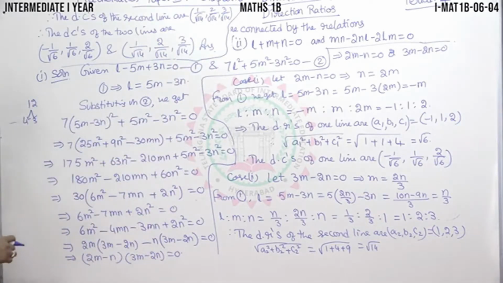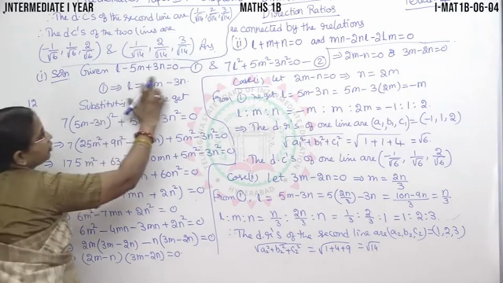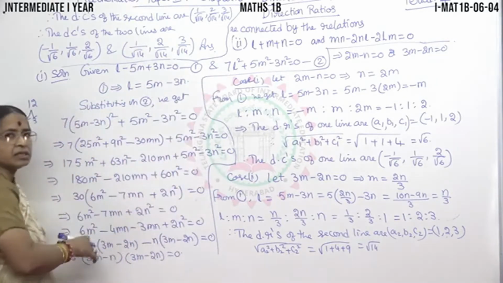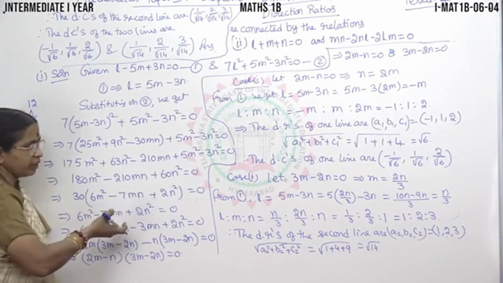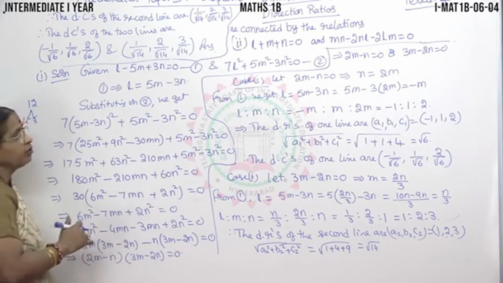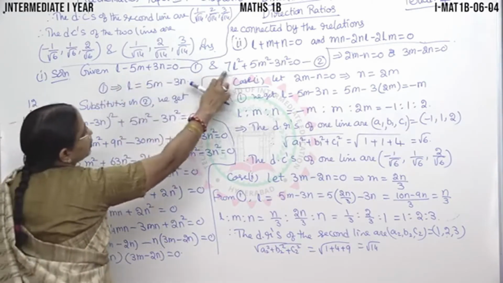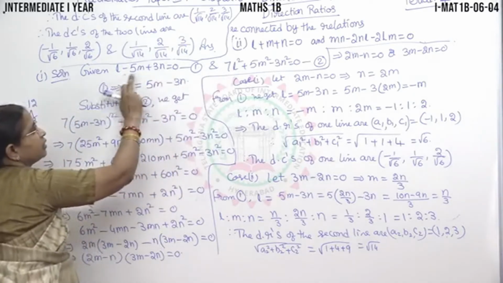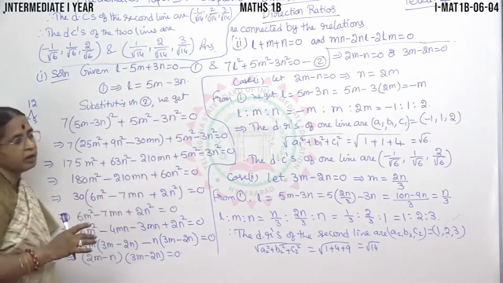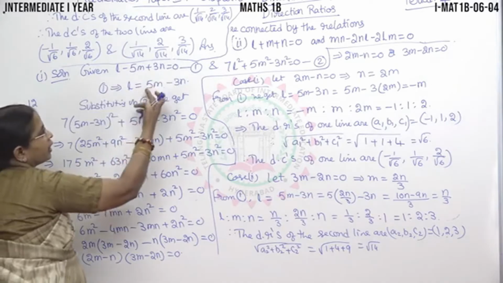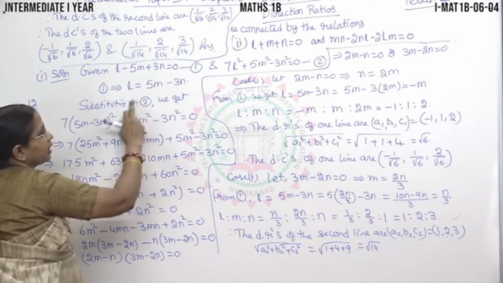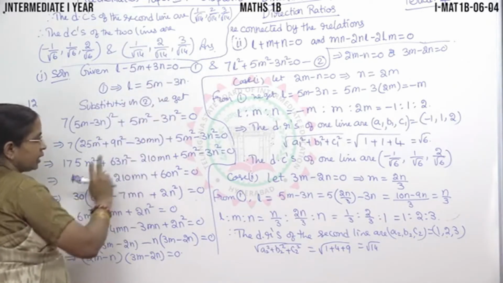Okay. So the procedure is like this. First you are given two equations. Just understand the procedure and think that way. You can solve any type of problem. So you are given two equations like this. One equation will always contain l, m, n. You find out either l, m or n. So here we found l. We substituted in the second equation.